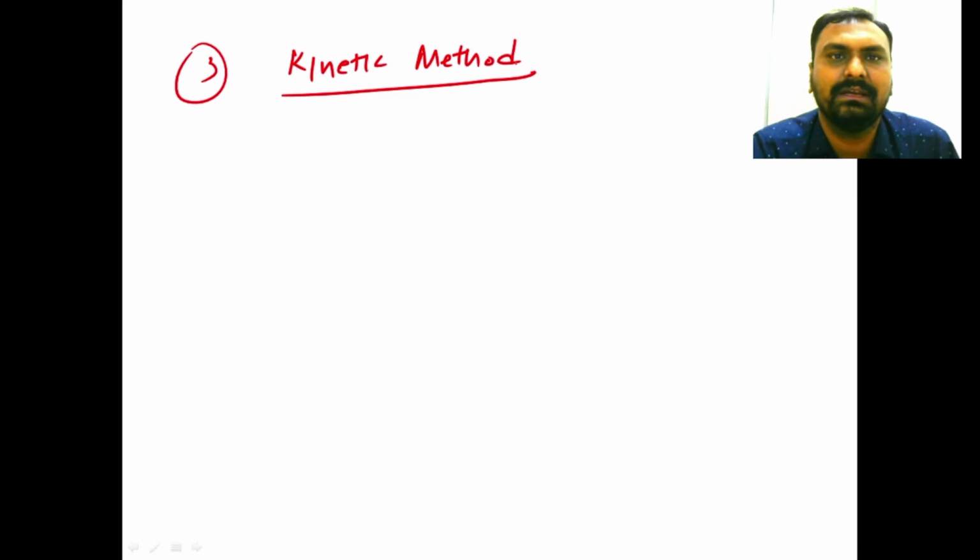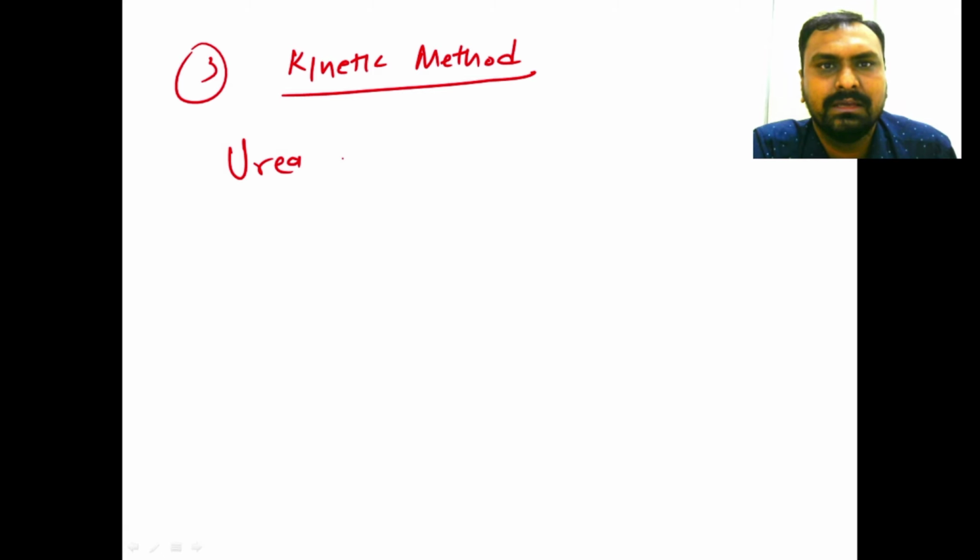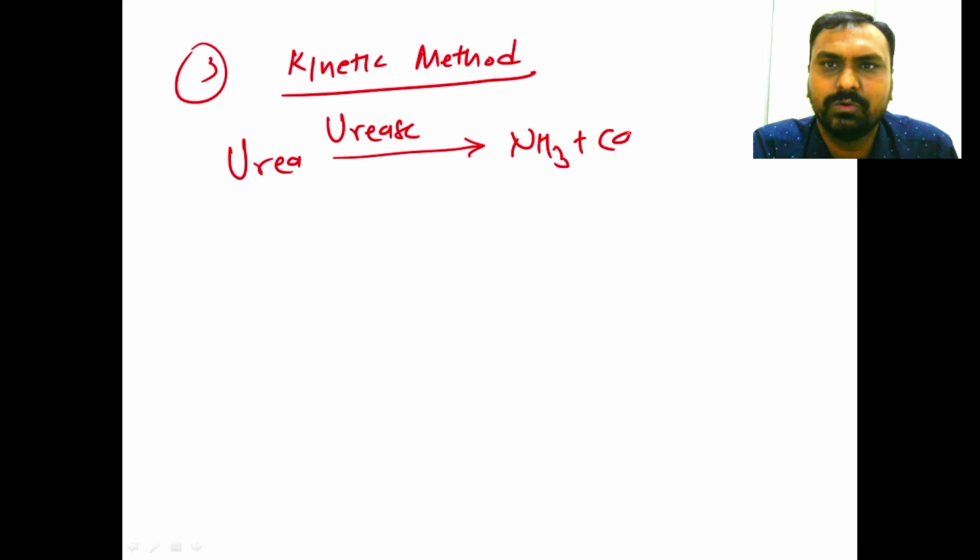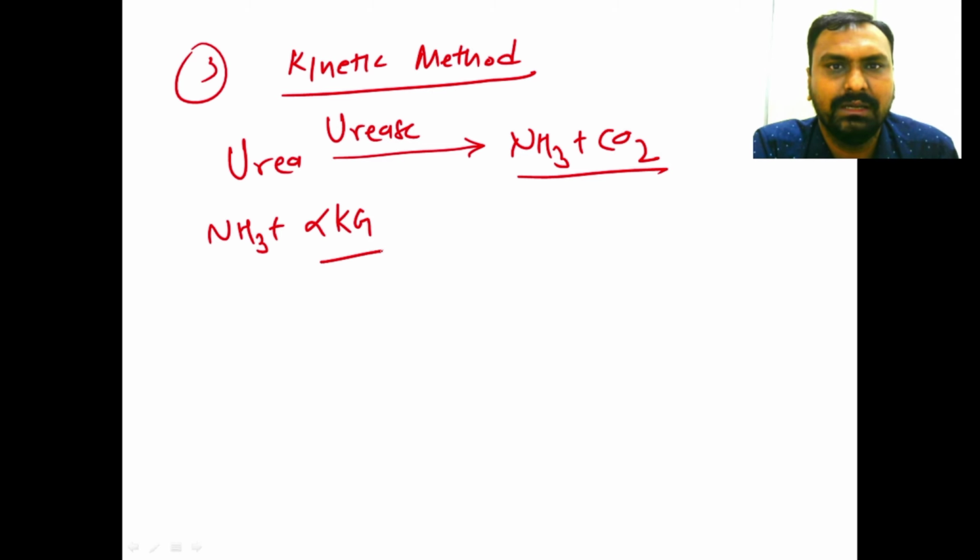Kinetic method. So we measure the change in absorbance at every second. Here the urea is acted upon by the urease enzyme to form ammonia and CO2, just like Berthelot. But here that ammonia reacts with alpha ketoglutarate.